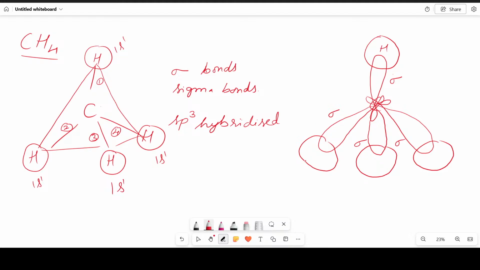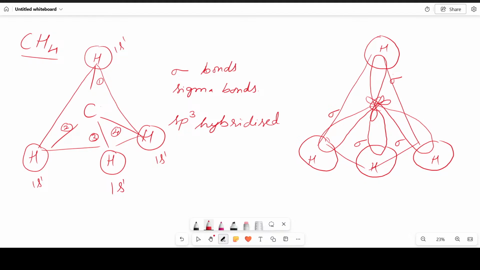This is hydrogen, and this is the sp3 hybridized orbital of the carbon. So it forms a tetrahedral geometry like that. I hope this is clear.